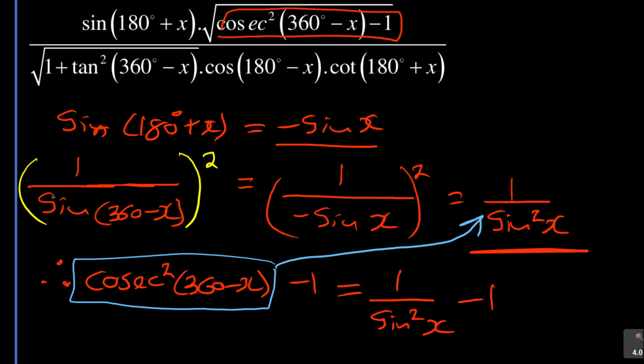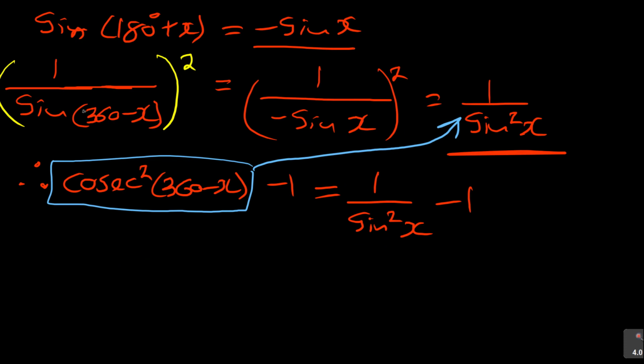And then minus 1. Can you try to simplify this? Let me see if you can simplify, which is equal to, from here I can say this over 1, and then I can say sine squared x is common there. Then I'll say this into this, it's 1 minus sine squared x.